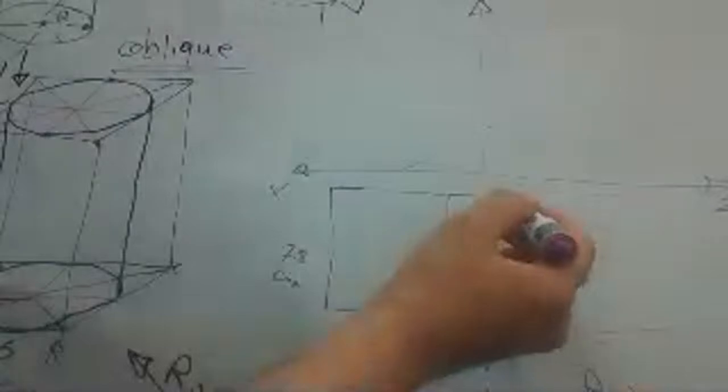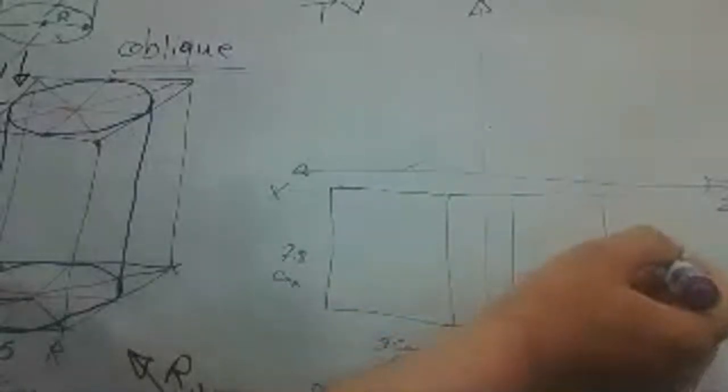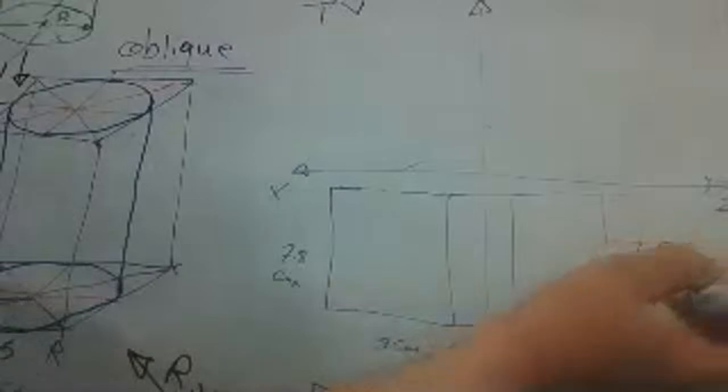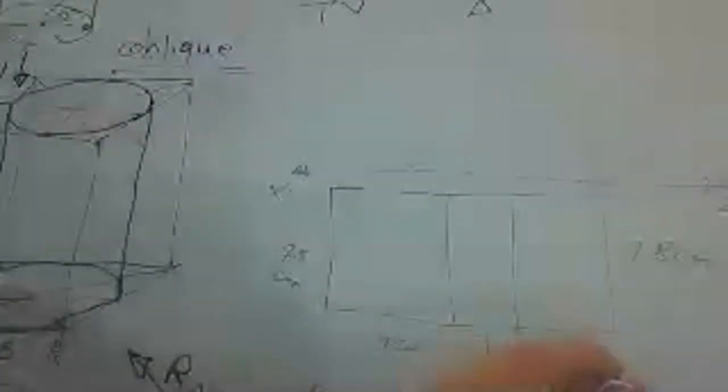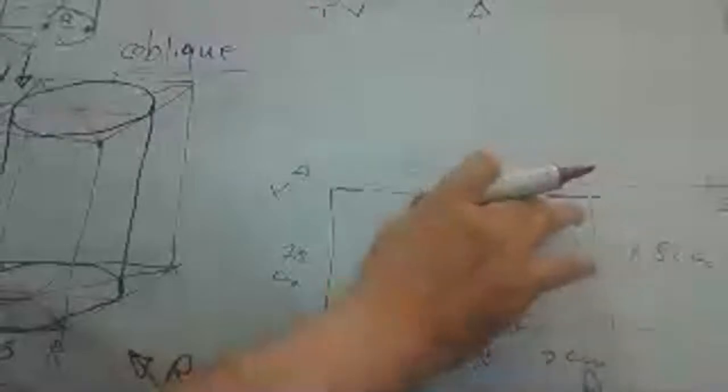So now let us draw the front and right side view. Right side view is the same. Also, we have 7.8 centimeter for the height and 9 centimeter for the depth.